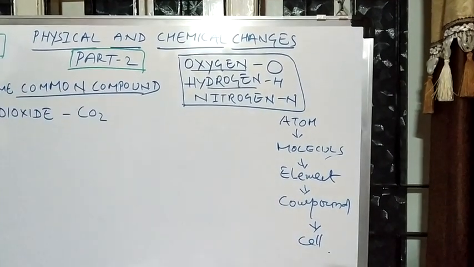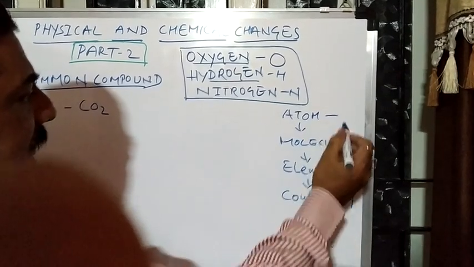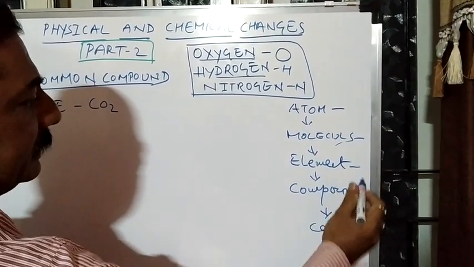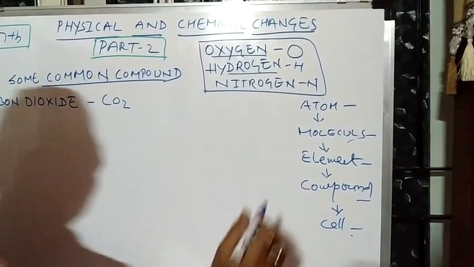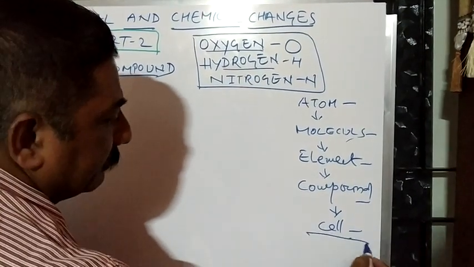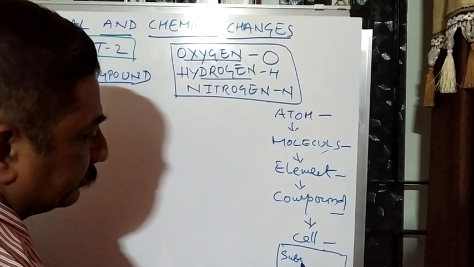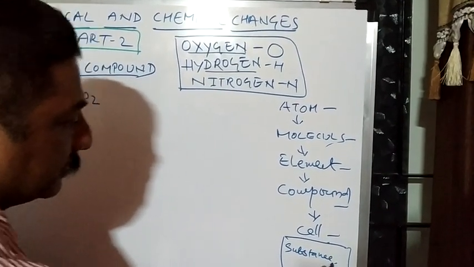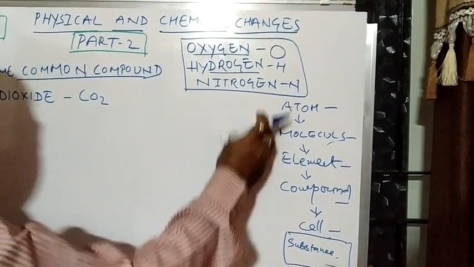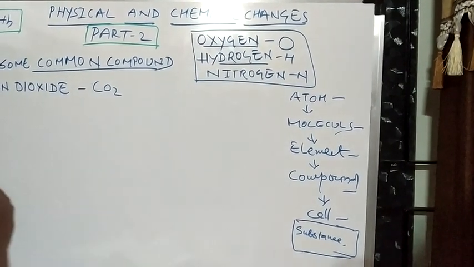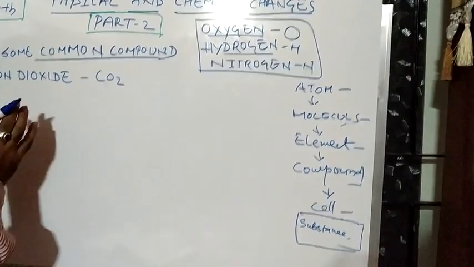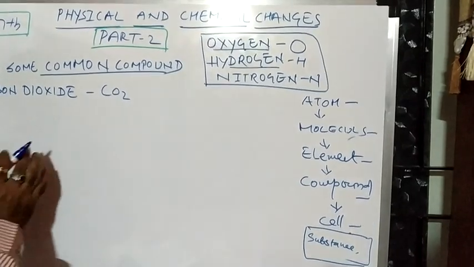So for us to understand what is atom, what is molecule, what is element, what is compound, and what is cell, then substance is to be prepared. So let's keep it inside. And now we have to go through this, and this is very important for you all to learn.